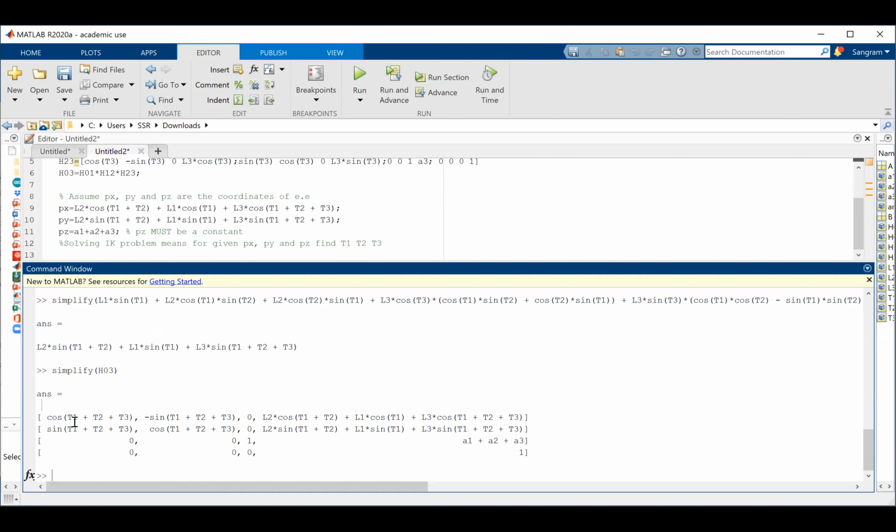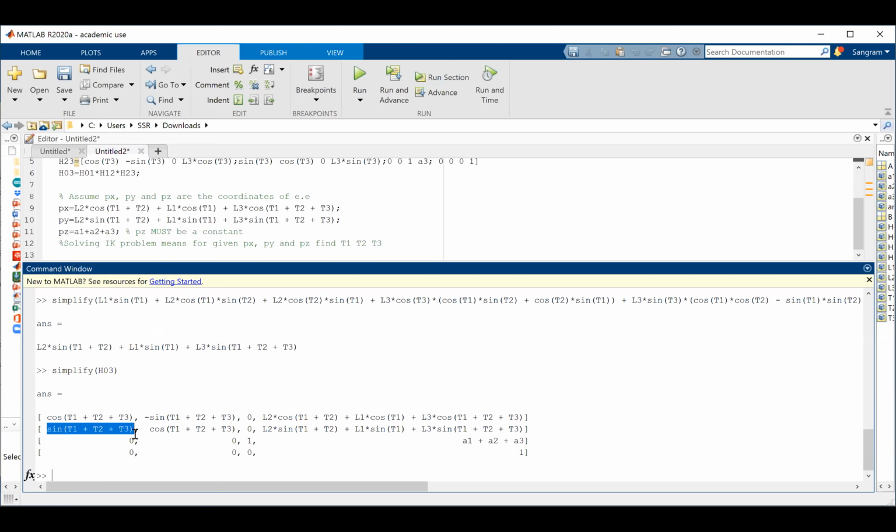Which means we know what is cosine T1, T2, T3 is. We know what is the sine T1, T2, T3 is. We know what is this value.